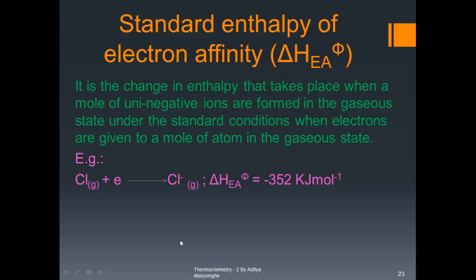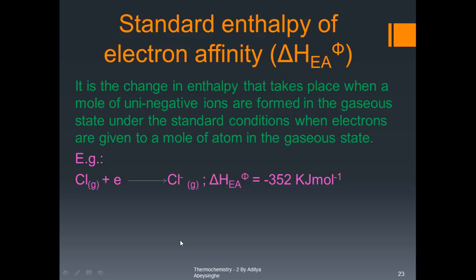The reverse of the standard enthalpy of first ionization is the standard enthalpy of electron affinity. As I mentioned in the case of the periodic table and the bonds, electron affinity is the reverse of ionization. Ionization involves removing an electron. Electron affinity involves gaining an electron.